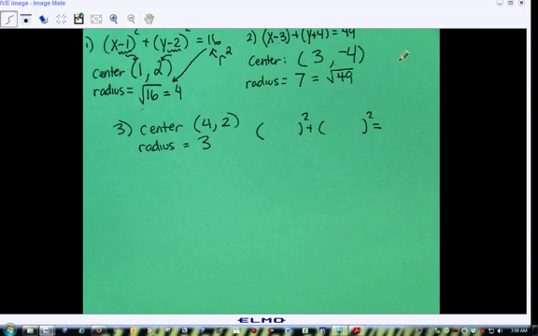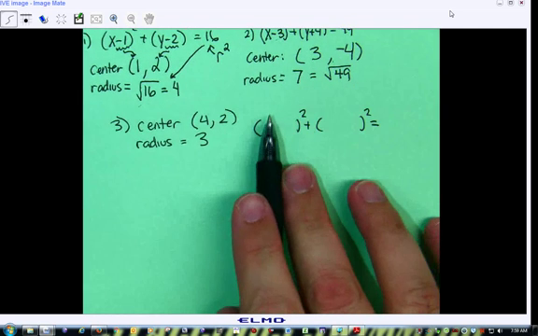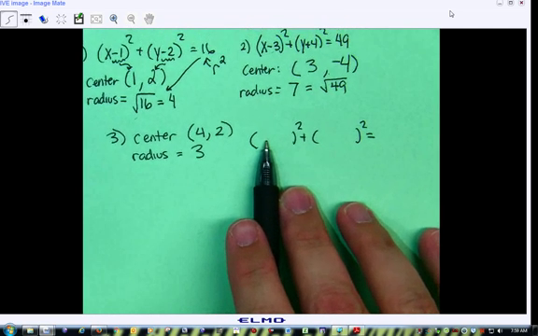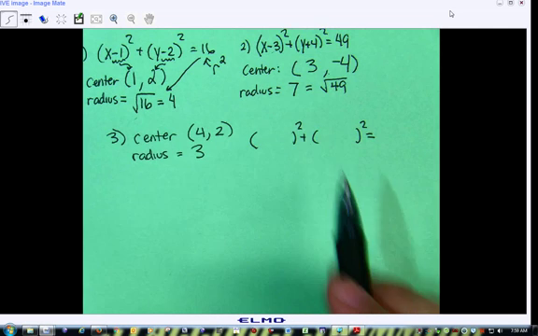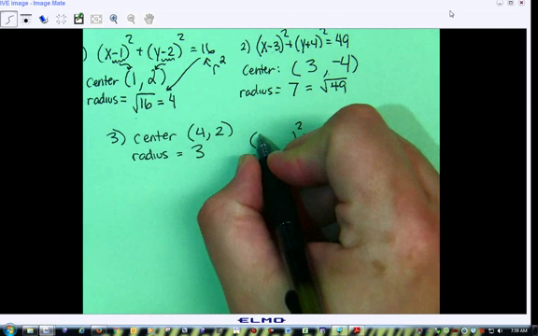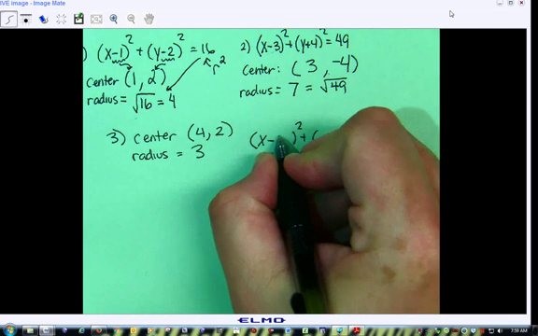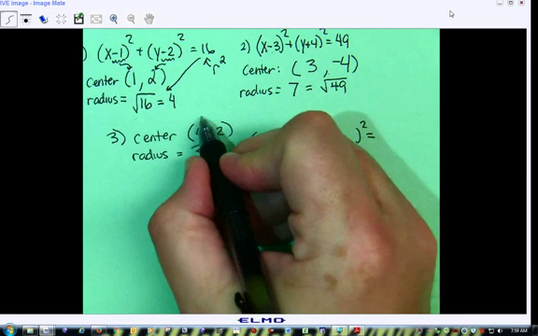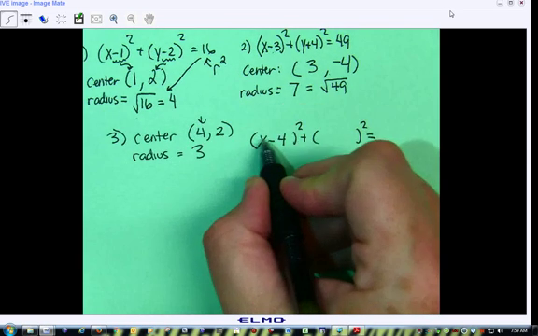Alright, so your center's at 4, 2, your radius is 3. On the count of 3, you're going to tell me what goes in the first blank here. 1, 2, 3. X minus 4. We just take this guy right here, and it's going to be x minus whatever that number is.